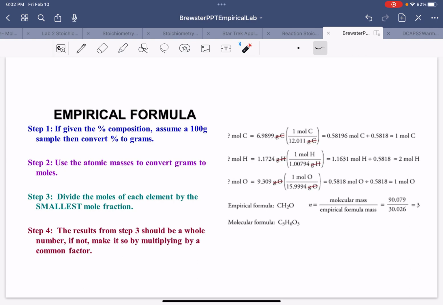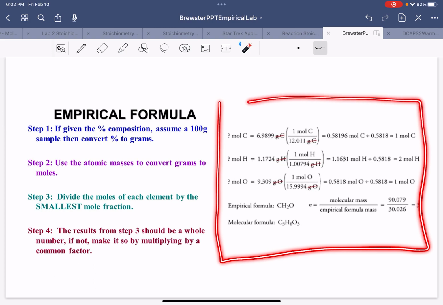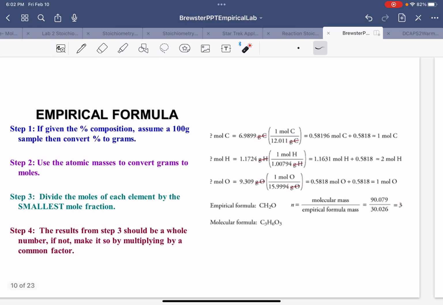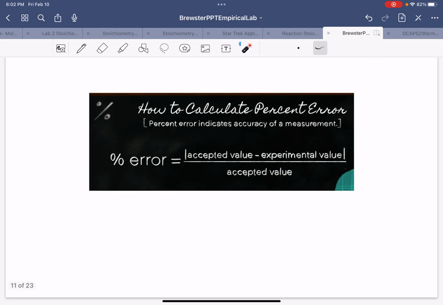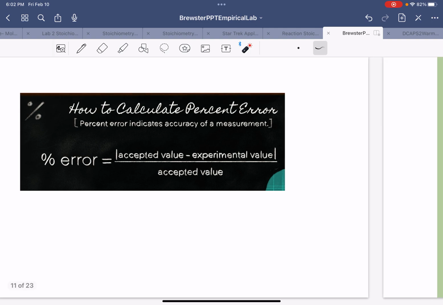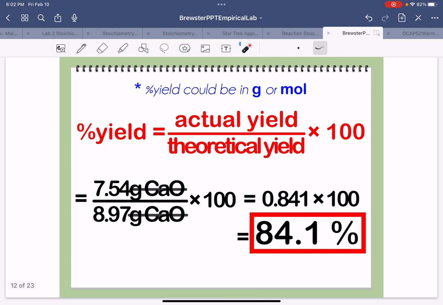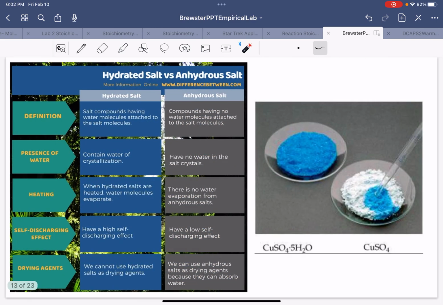These are notes over how to do the calculations, the one we did for question number 1. Percent error. Again, this is just reminding you how to calculate percent error. This is the percent yield formula. Hydrated and anhydrous.